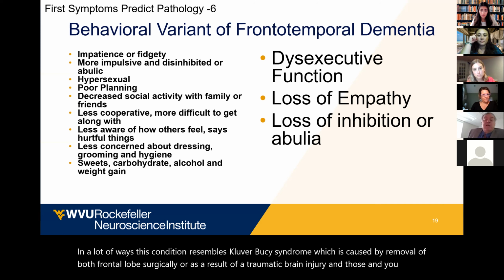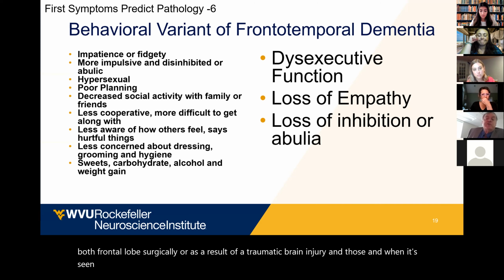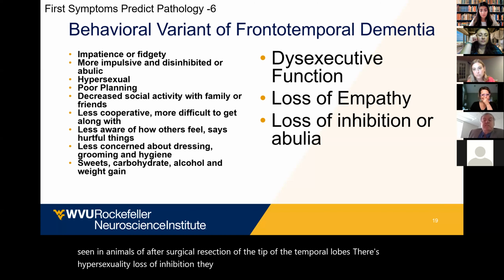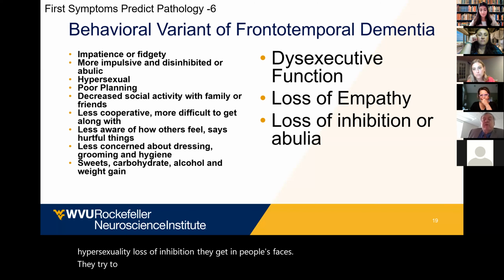When it's seen in animals, after surgical resection of the tip of the temporal lobes, there's hypersexuality, loss of inhibition. They get in people's faces. They try to eat inanimate objects. They're very hyperoral.